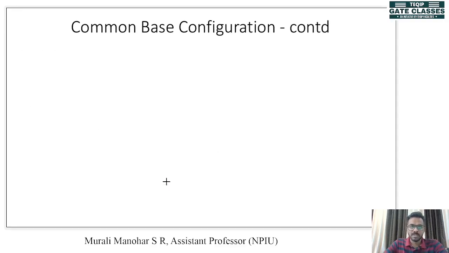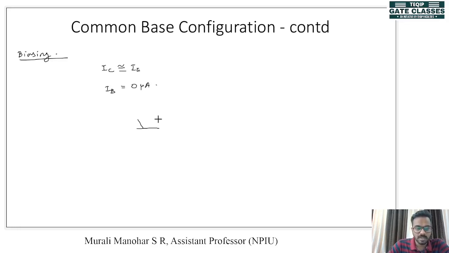Okay. If we want to determine the proper biasing of common base configuration in active region, because active region is the region where amplification occurs, for that, we can assume that IC is approximately equal to IE, and IB is equal to 0 microampere. Now if we make this assumption, the circuit becomes like this.